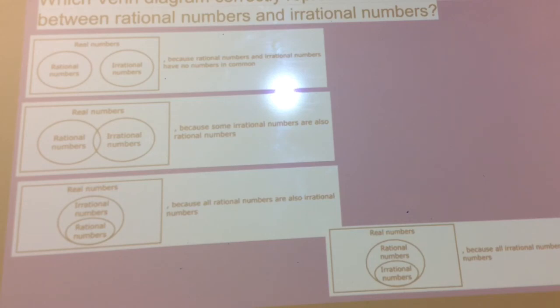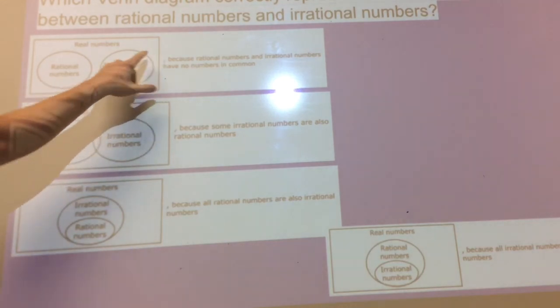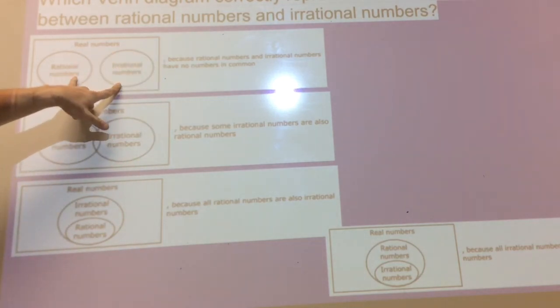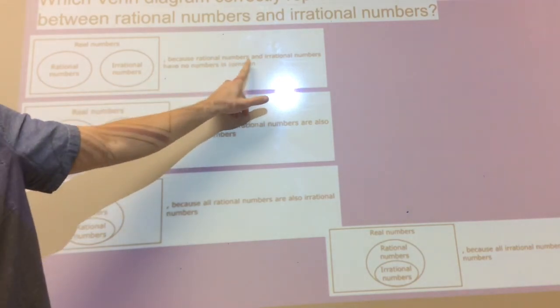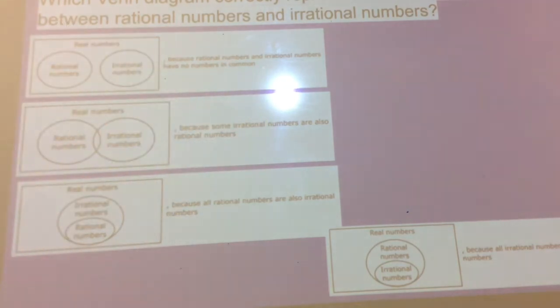Okay, so here's how I'm going to do this. I'm going to read each one, and you're going to tell me if you agree or disagree. Do we remember what an irrational number is? It's that number that never repeats, it never stops, it goes on forever and ever and ever. We don't find them very often in the real world. So this says, rational numbers and irrational numbers are separate because rational numbers and irrational numbers have no numbers in common.